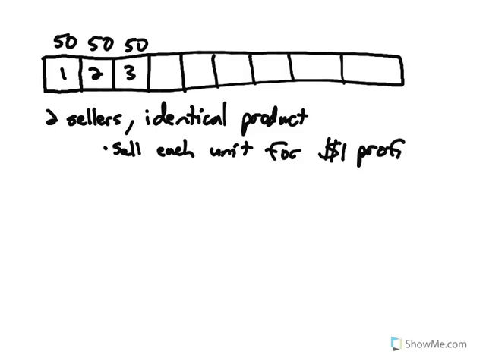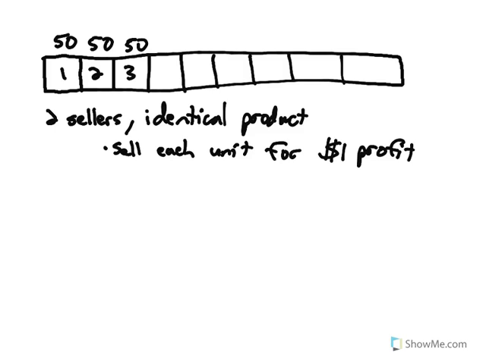So maybe they get the beer from the manufacturer for $1, they sell it for $2, they make $1 profit. Something of that nature. They're told exactly what price they're allowed to sell it for, so they're not able to compete with each other on price.